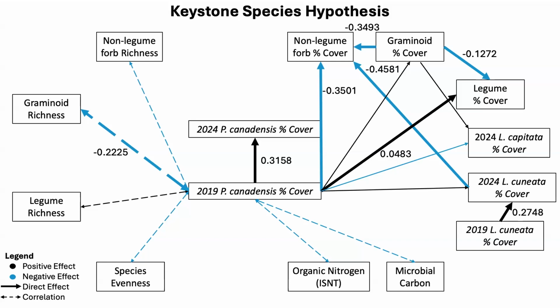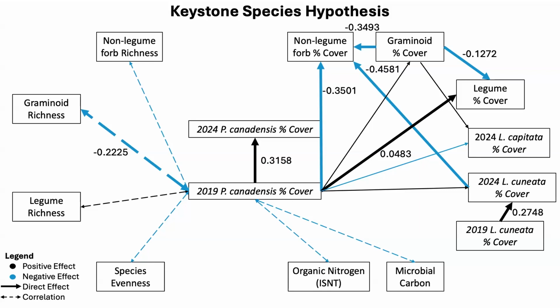Now focusing more on Pedicularis' effects, we see that the historic Pedicularis has a negative direct effect on 2024 forb cover, but a positive direct effect on 2024 legume cover. So again, wherever we see this historic Pedicularis, we see 5 years later that there tends to be less forbs, but more legumes.